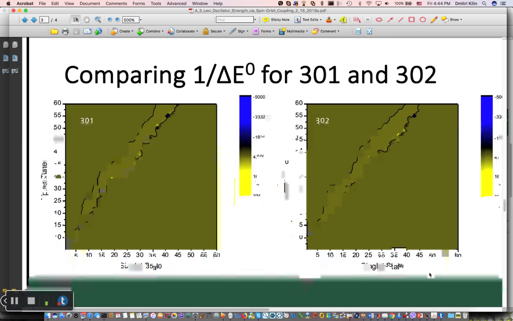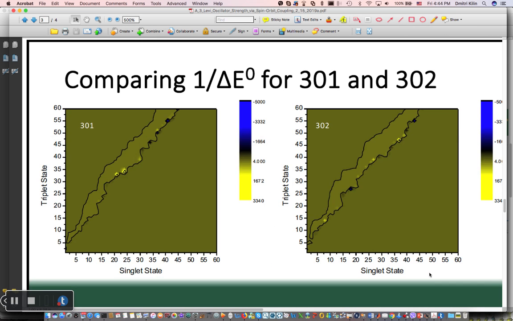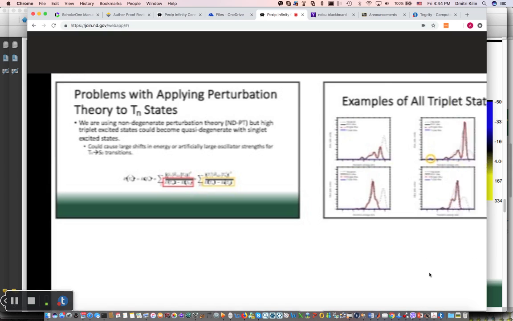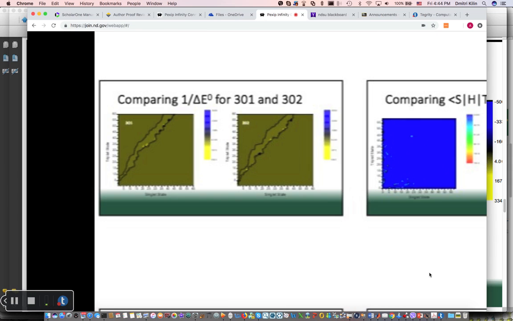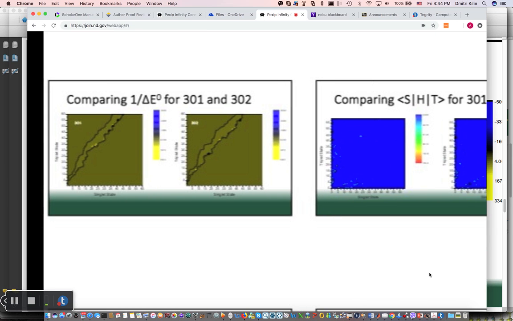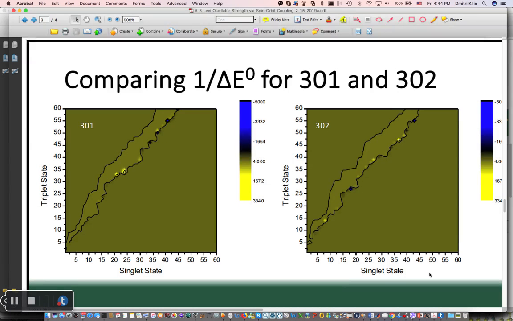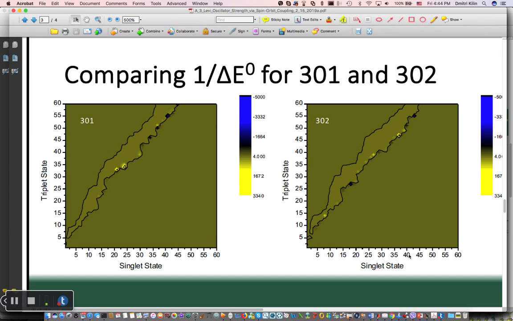This is one compound and this is another. The thing to look at is the magnitude of this graph and which color. If it's blue, it's negative; if it's yellow, it's positive.